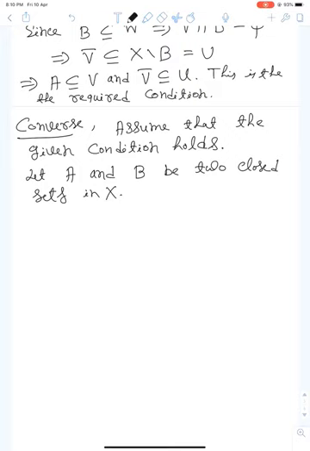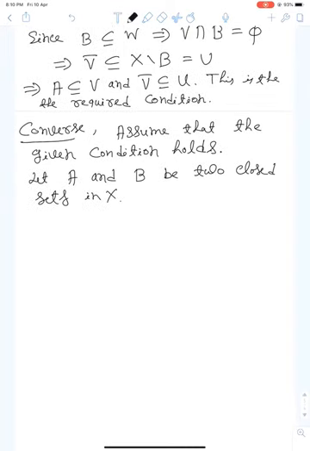Which are disjoint and U containing A and V containing B, right? Okay, so we can write A and B as disjoint closed sets, right? This is disjoint.